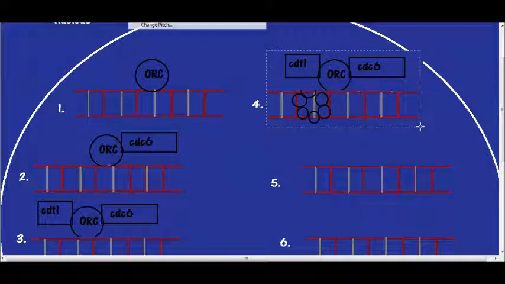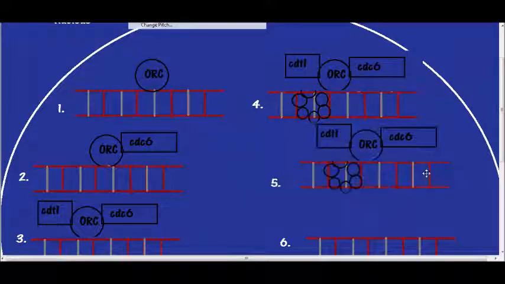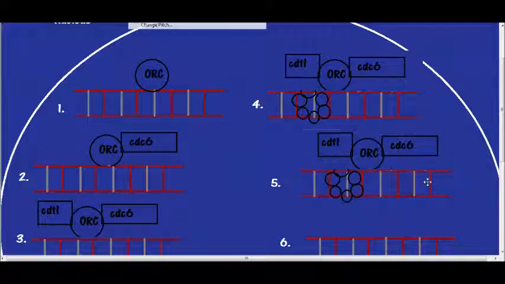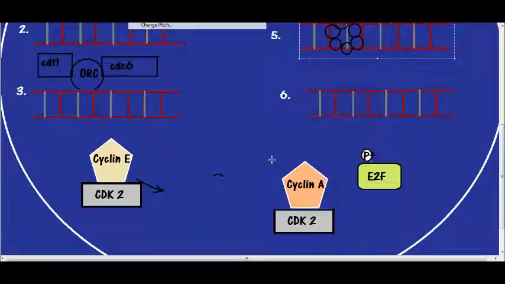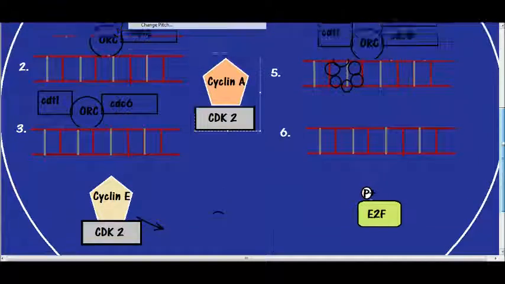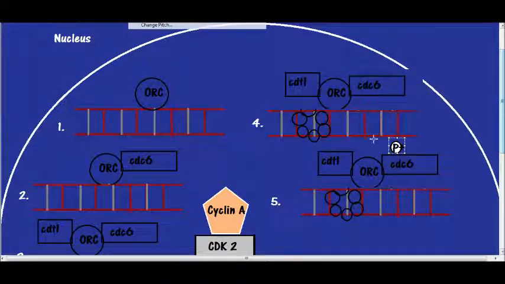So now the cyclin A CDK2 complex becomes important now that the helicase has attached to the DNA. What actually happens here is that this cyclin E CDK2 complex comes here and it phosphorylates the CDC6 and the CDT1.